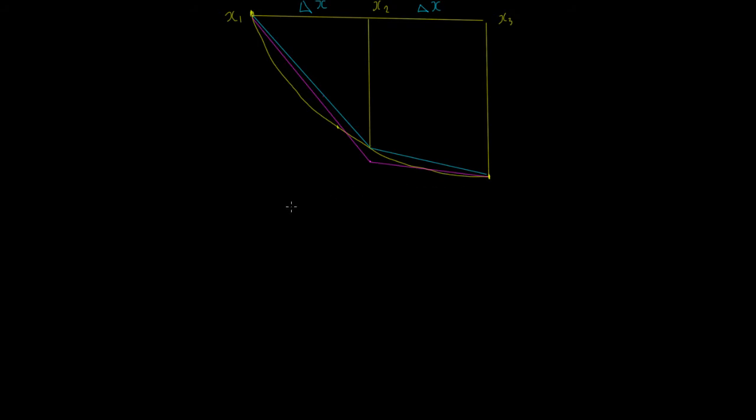Now we are interested in the change in the gradient that occurs whenever you move from this point to this point. Quickly looking at this, it's quite easy to see that on the left hand side of x2, the gradient goes from the blue line to the pink line.